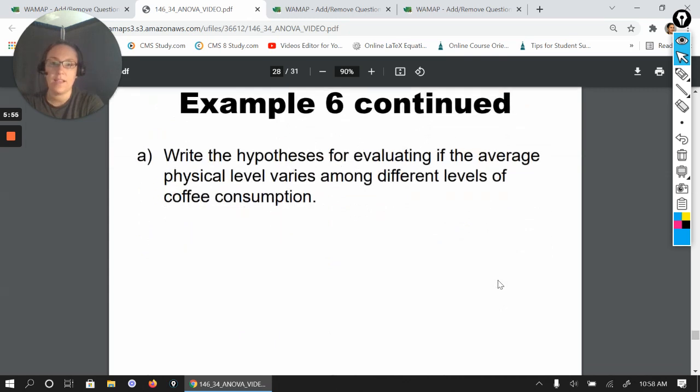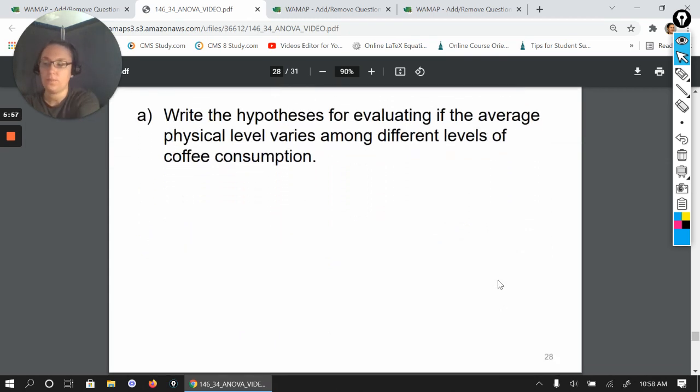So part A says write the hypotheses for evaluating if the average physical level varies among different levels of coffee consumption.